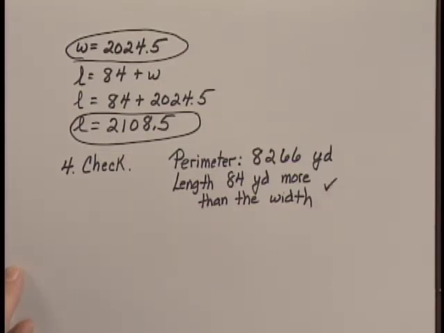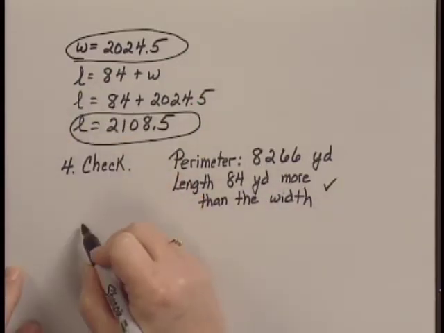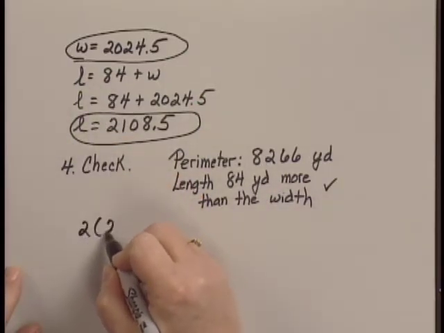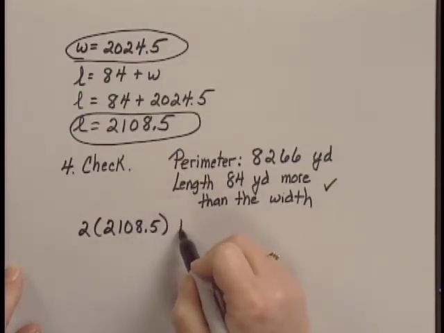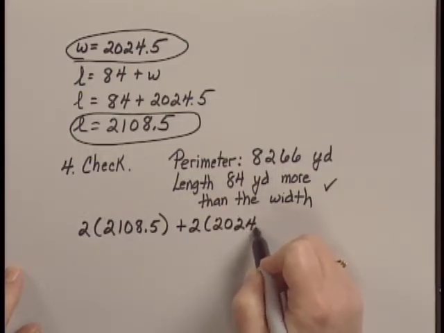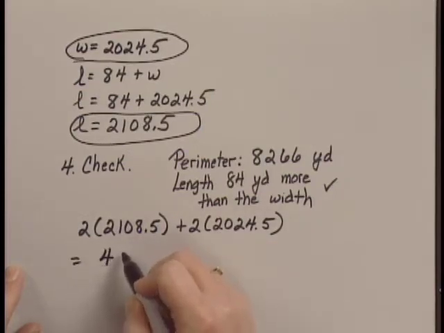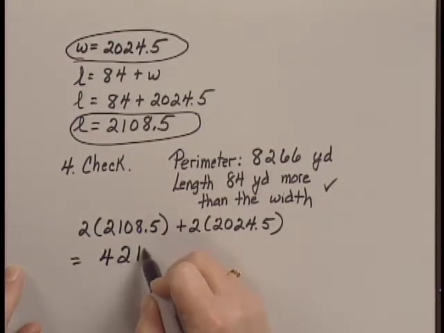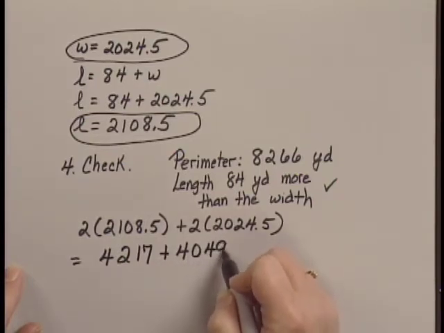So that checks. For the perimeter, we would need to find 2 times the length, or 2 times 2,108.5, plus 2 times the width, or 2 times 2,024.5. And multiplying these out, we get 4,217 plus 4,049.